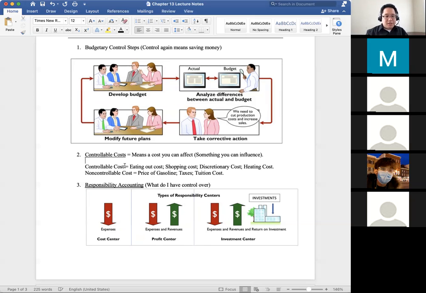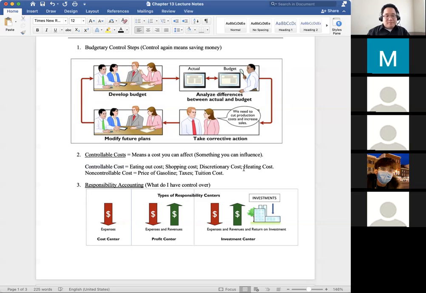So a controllable cost would be like going out to eat, shopping, like not grocery shopping, but maybe going to a mall or something and buying clothes or buying like a handbag or buying a watch or something like that. That you can control. It's to some extent discretionary.